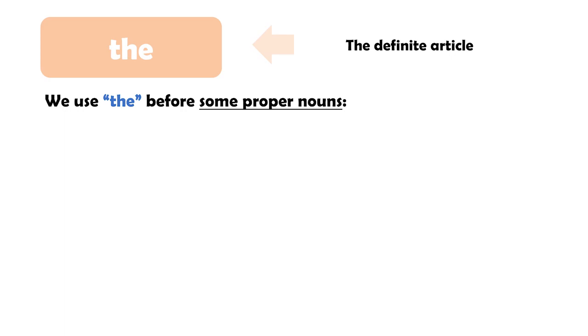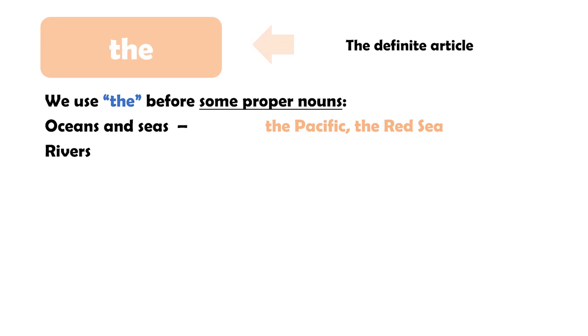Okay, there's more. We use the definite article before some proper nouns, like oceans and seas, the Pacific, the Red Sea. We use the definite article also before rivers, like the Nile, the Amazon, canals, the Suez Canal.